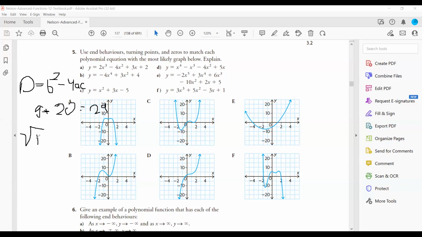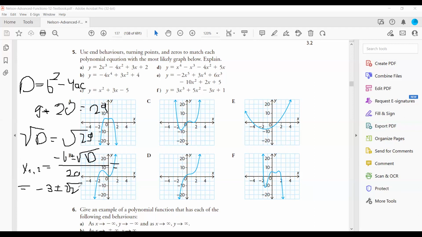Now we need the square root of D, square root of 29. Let's keep it as it is. So x1 and x2 would be minus b plus minus square root of D divided by 2a. This equals -3 plus minus square root of 29 divided by 2.